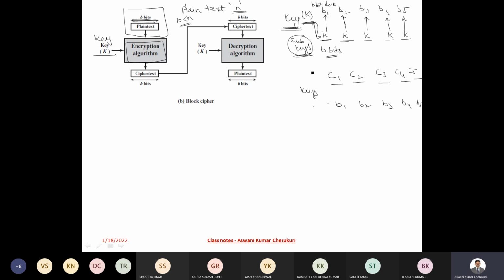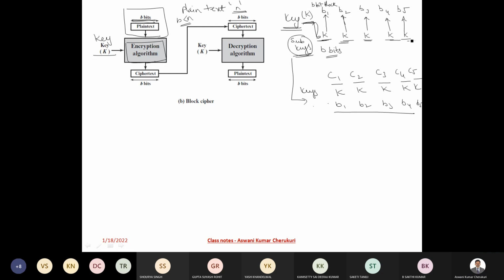When you perform the decryption, again you give the key and you get your plain text blocks. Is this clear? For the time being, erase the subkeys from your mind. You give the same key here. Is that clear?